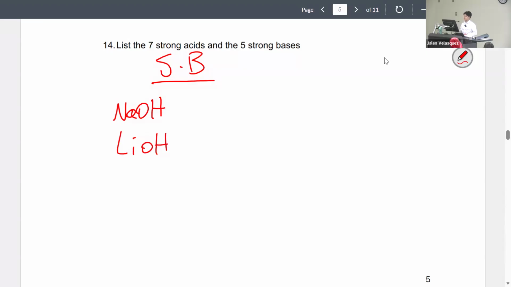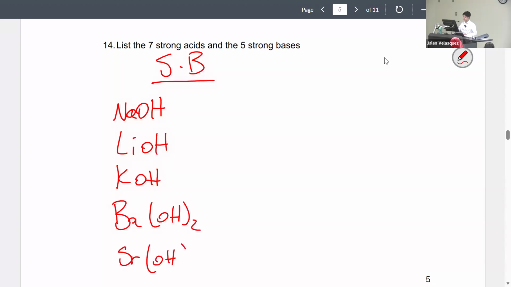So we have sodium hydroxide, lithium hydroxide, potassium hydroxide, barium hydroxide, and strontium hydroxide. Okay, so those are the 5 strong bases that you need to know. And notice a lot of these are the alkali metals and these are the alkaline earth metals.